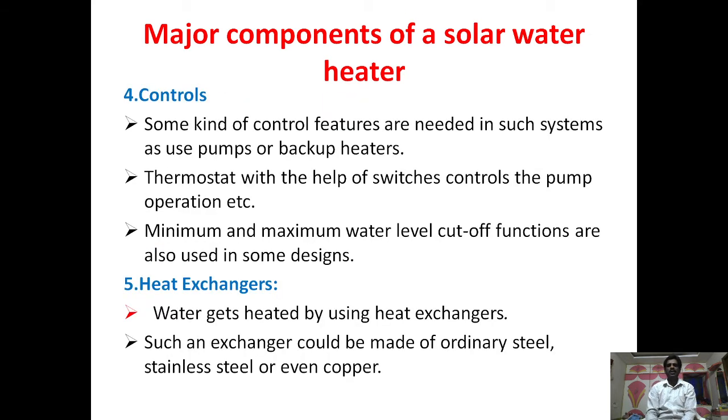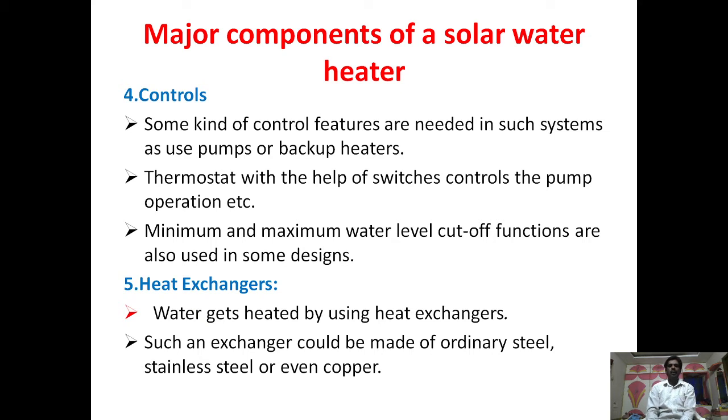The next major component of the solar water heater is the controls. Generally, some kind of control features are used in some solar water heater systems. In most systems, control features are used for pumps as well as backup heaters.